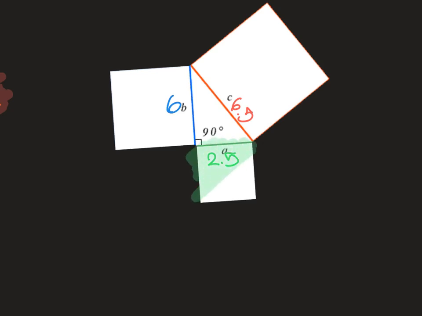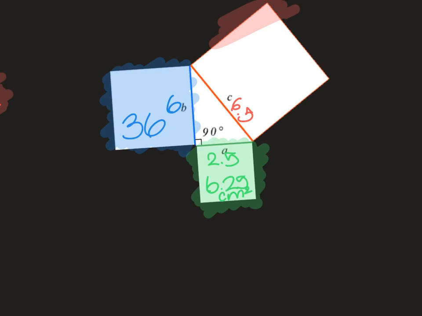So if we look at the area of this square right here, we knew that it was going to be 6.25 centimeters squared. If we looked at the area of this square, of this side length of 6, we knew that the area was just going to be 36. And then when we measured up this last side, the area of it, rather, we knew that it was going to be 42.25 centimeters squared.